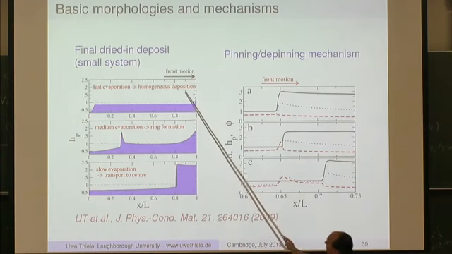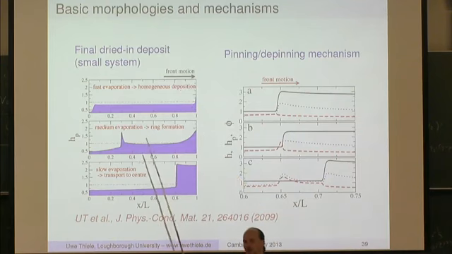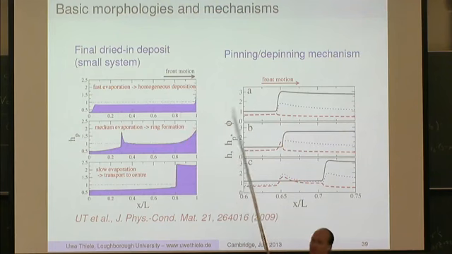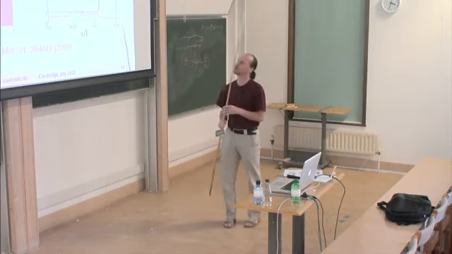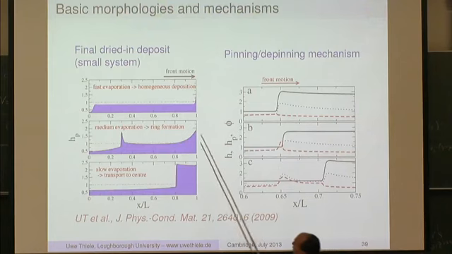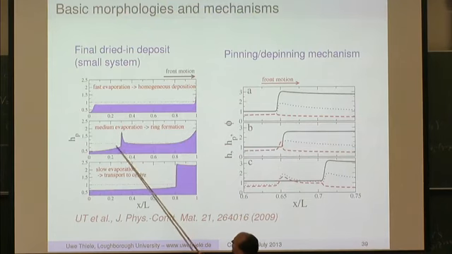If you have a very fast evaporation, the layer has no time to recede from the left, and what you have is essentially a homogeneous deposit with some stuff bumped at the very end. Then if you go to very slow evaporation, essentially you remove most of the material to the center, and then the solvent evaporates. However, at medium evaporation, you can find a situation where the deposit is a single ring.